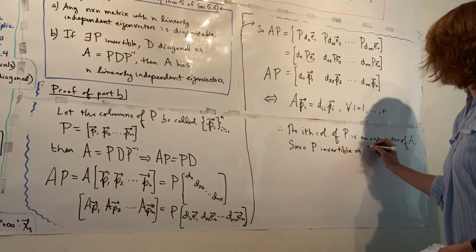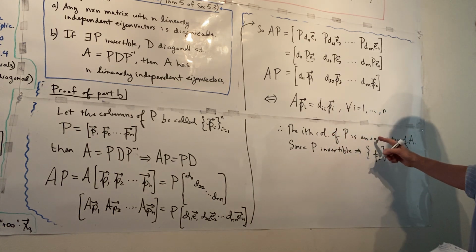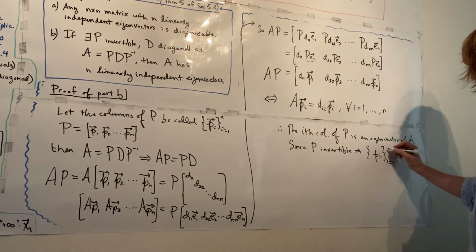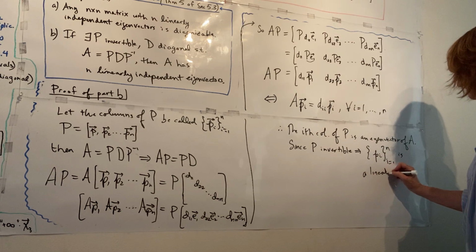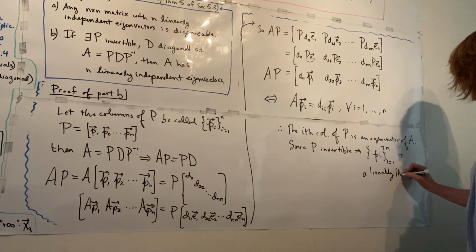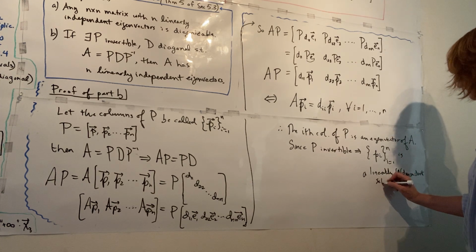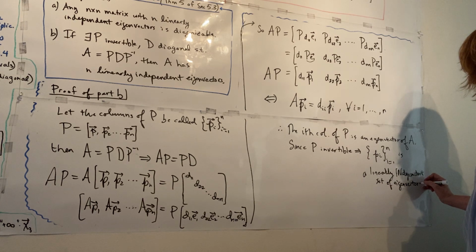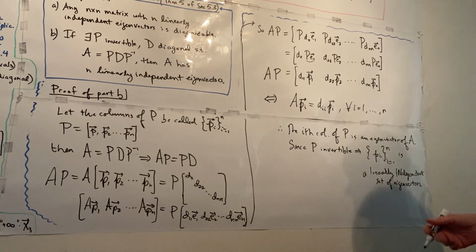That implies this set of Pi, those eigenvectors, the ith column of P, i equaling 1 to n, is a linearly independent set of vectors. They're eigenvectors, they form a linearly independent set, and there's n of them. And that's that.